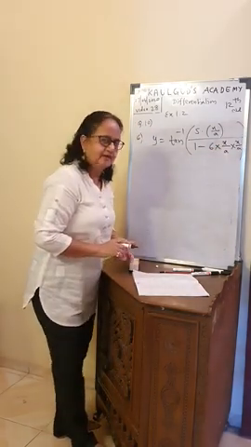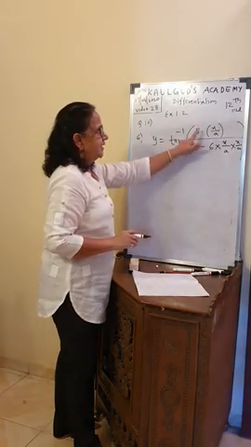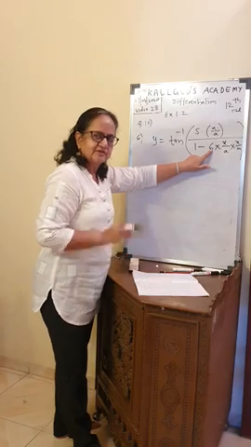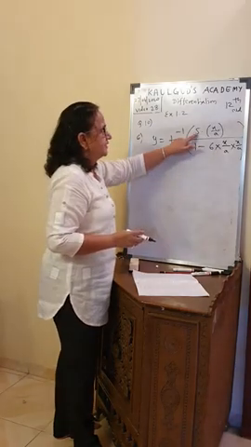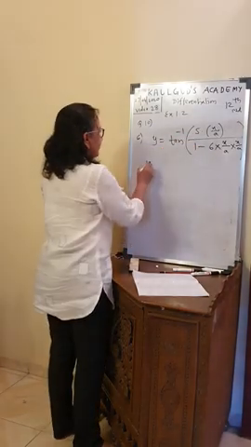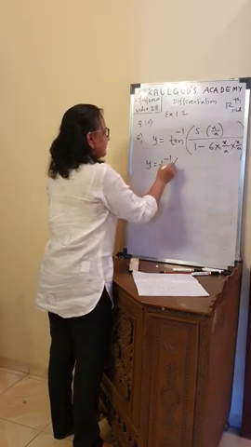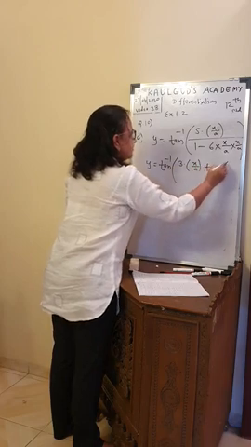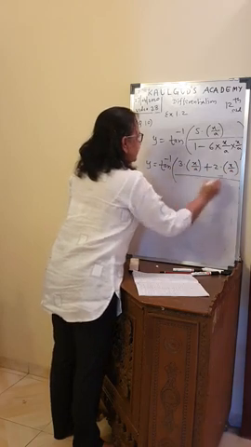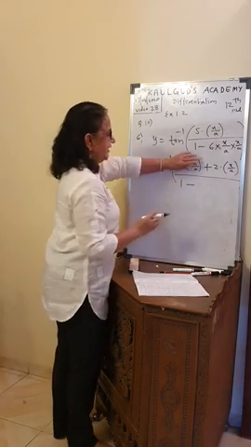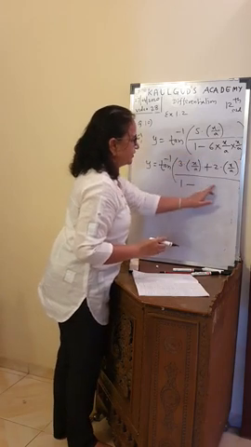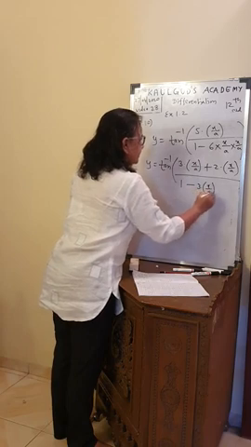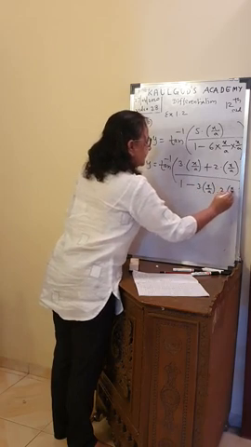Are you getting the clue now? Down I have got minus, up I must have plus. Number is 6. What are factors of 6? 3 and 2. 3 plus 2 will make it 5. Clear? So how do you write the numerator? Tan inverse of, factors are 3 and 2: 3 into x upon a plus 2 into x upon a, upon 1 minus. Now this is your x, this is your y. Product should be here. So copy both: x, 3 into x upon a, y, 2 into x upon a.